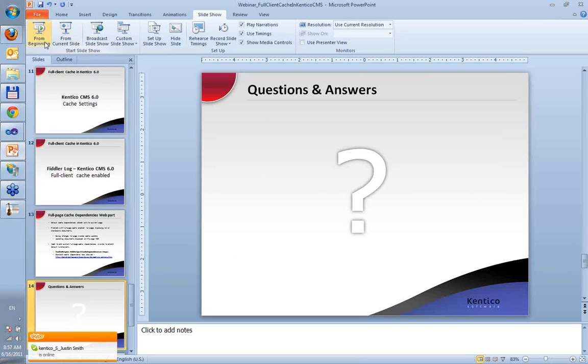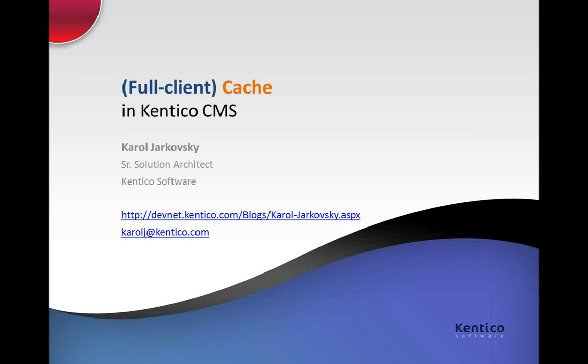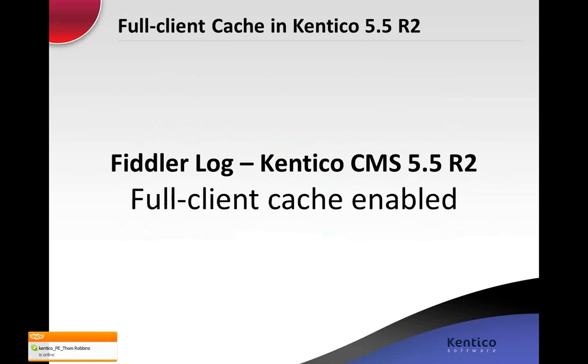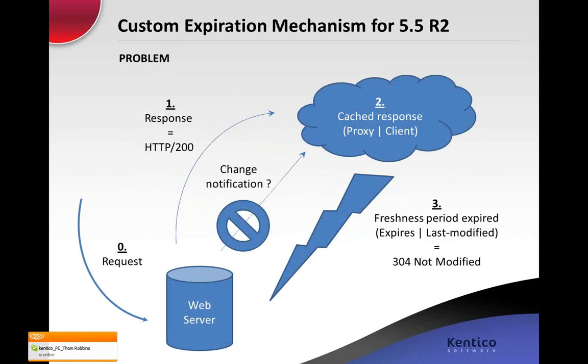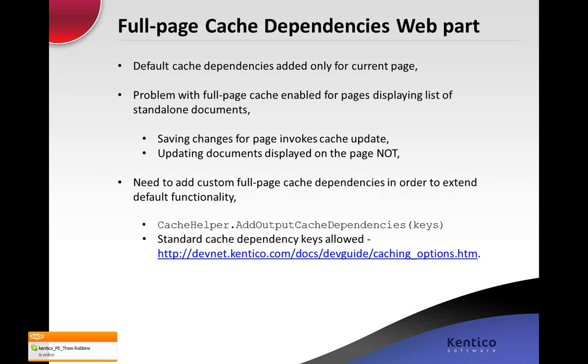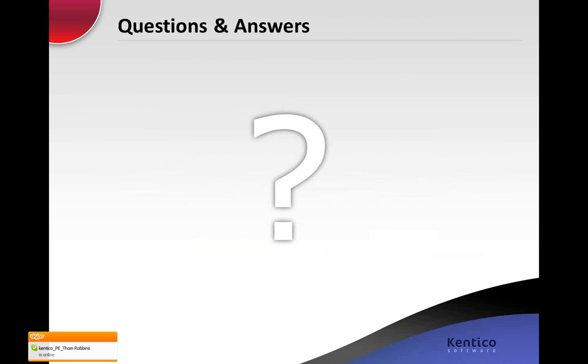Okay, so this is all I have prepared for today. Now there is certainly time for your questions, or maybe your experience or problems, issues that you have encountered related to the client cache.